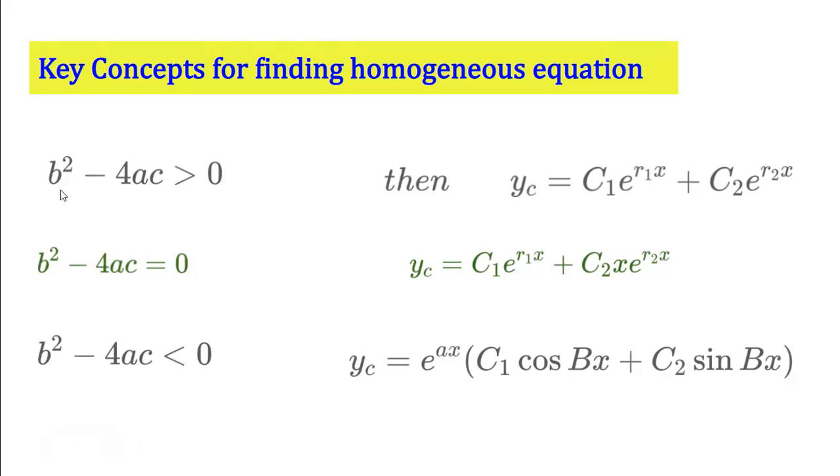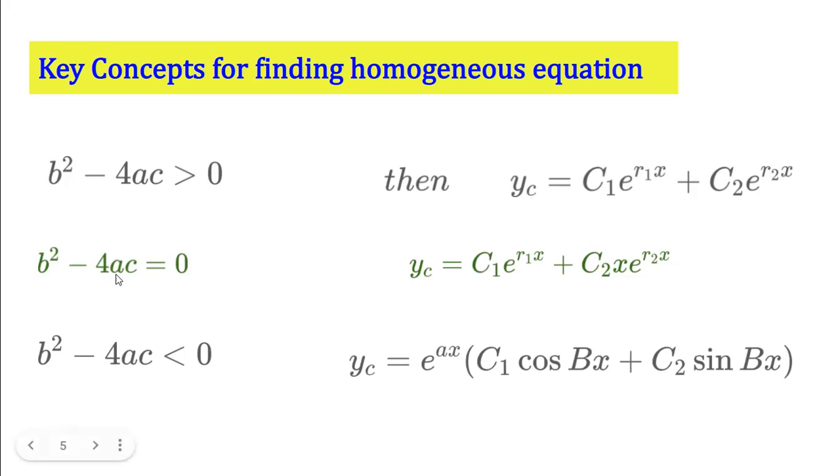If the discriminant b squared minus 4ac is greater than 0, then our complementary solution will be equal to c1 e to the r1x plus c2 e to the r2x. For example, if we solve the characteristic equation and we have, let's say, minus 2 and 3, this particular formula is applicable to find our complementary or homogeneous solutions.